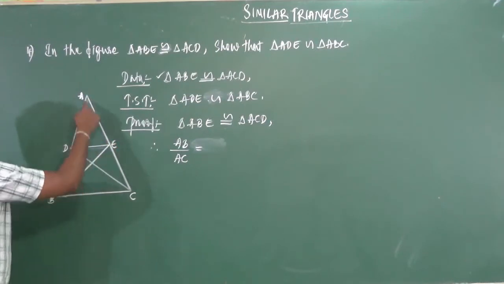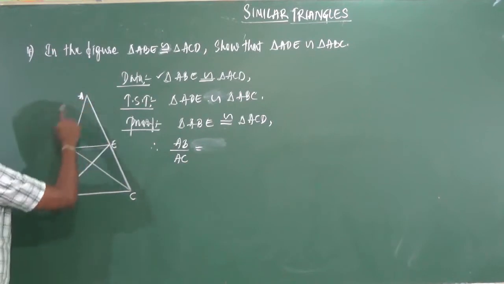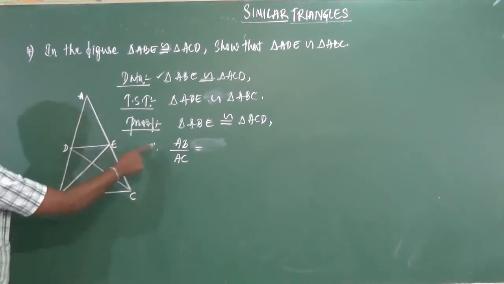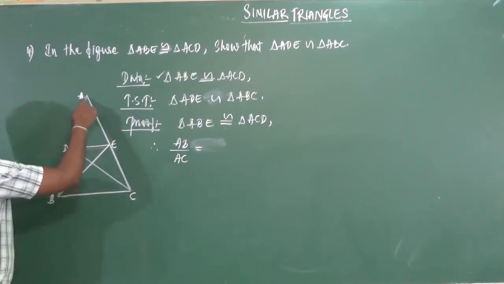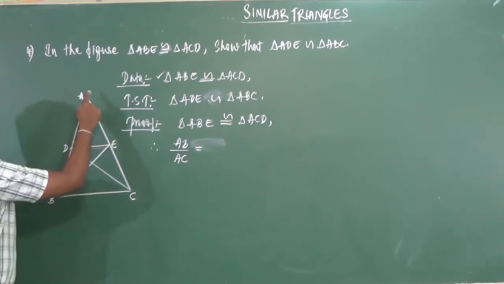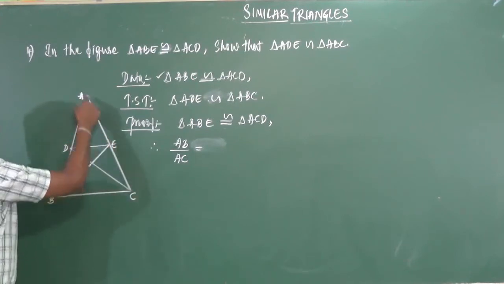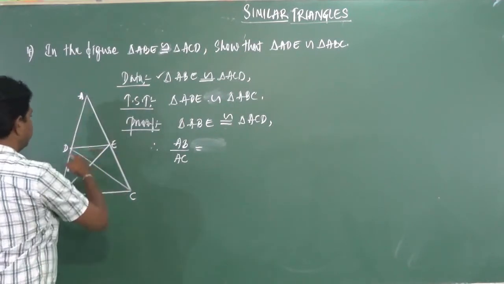That is, AB of triangle ABE and AC of triangle ADC will be equal, right? And AD of triangle ADC and AE of triangle ABE will be equal.